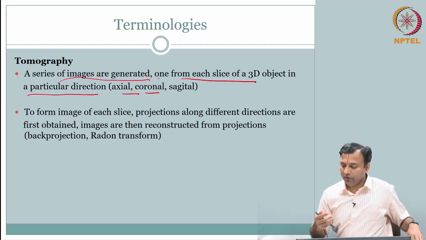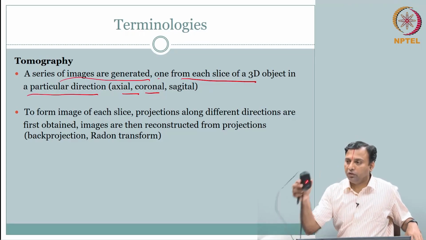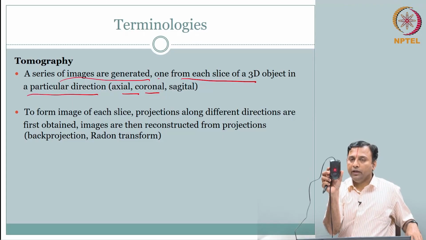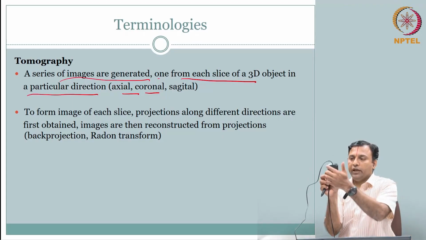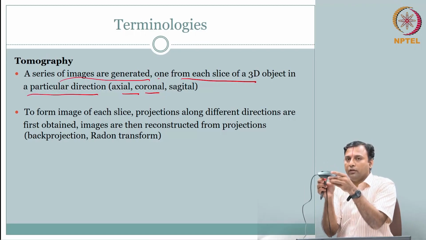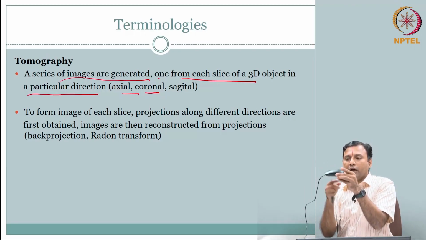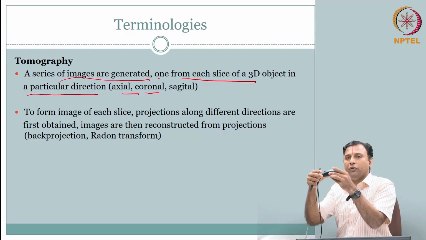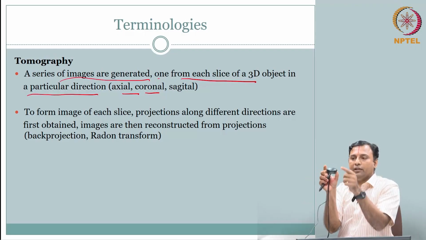So if I took this object and projected it, I saw only the rectangle, but if I do a perpendicular or another view, I would see this, or if I do another, I would see this.